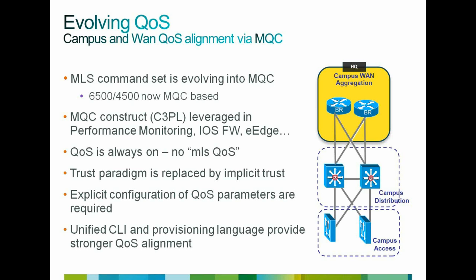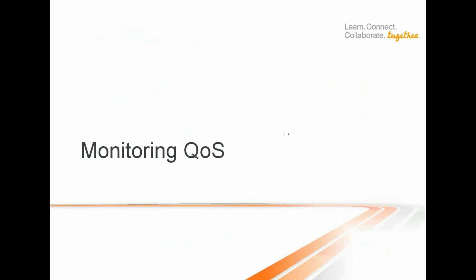So a single unified provisioning language allows us to move policies between platforms as well fairly simply. And that makes an easier life for all of us who have to configure QoS because we don't need to learn as much about the internal ASICs and all the internal details as we did before.